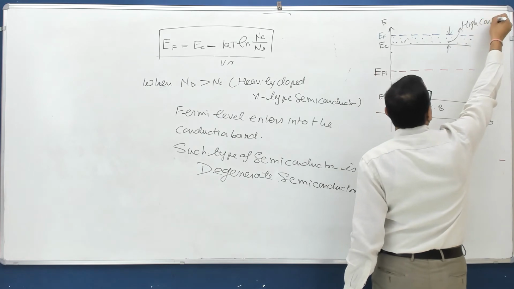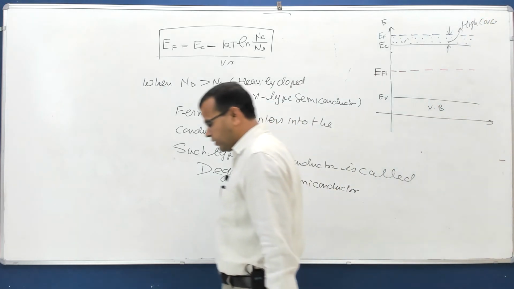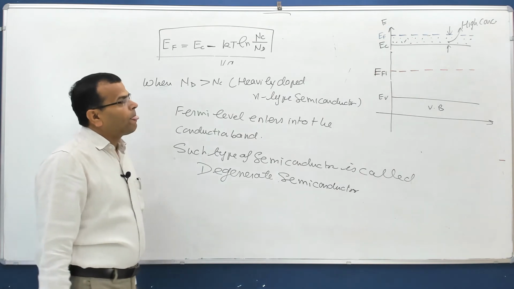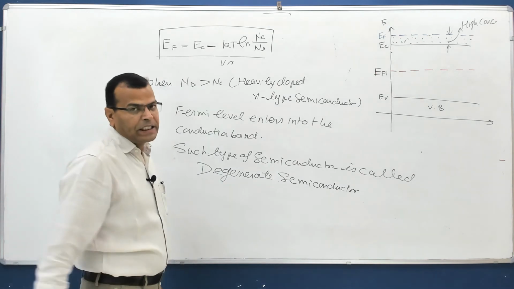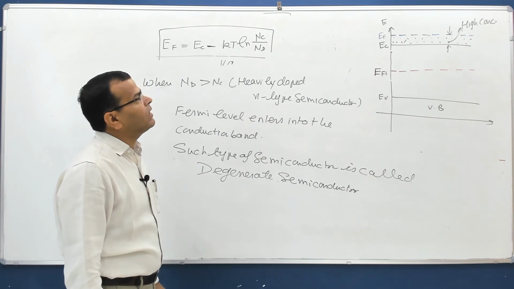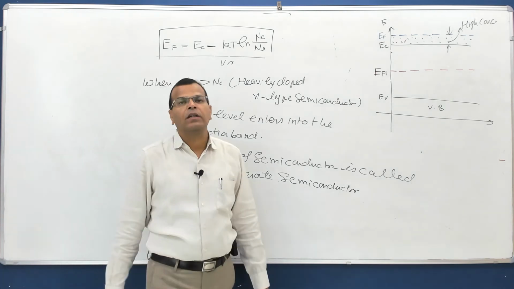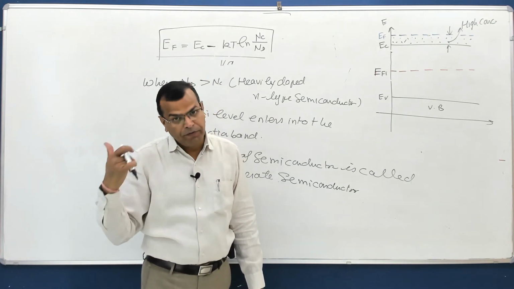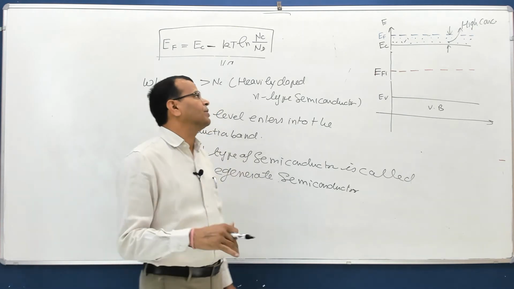Here it is high concentration in the case of a degenerate semiconductor. A degenerate semiconductor is basically a semiconductor where all the charge carriers lie below the Fermi level. That is the basic definition in general.